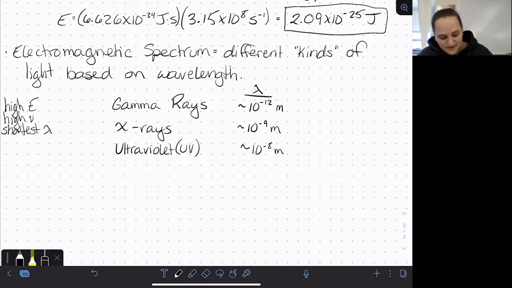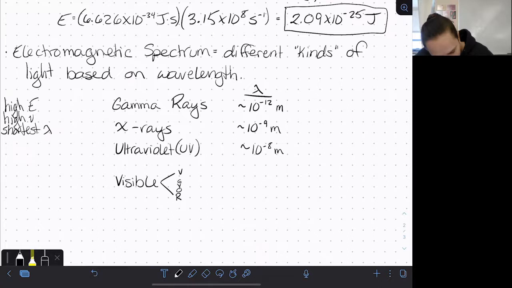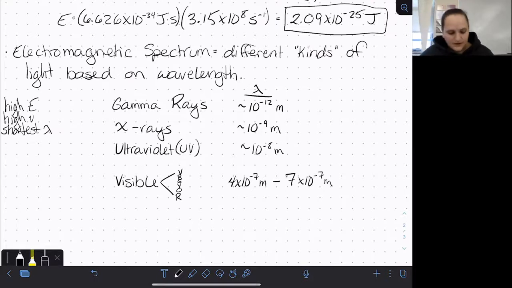So the next segment that we're getting to is visible light, with violet being the highest energy and red being the lowest energy. So we would have red, orange, yellow, green, blue, violet in that order. And the visible spectrum is about 4 times 10 to the minus 7th meters to 7 times 10 to the minus 7th meters.